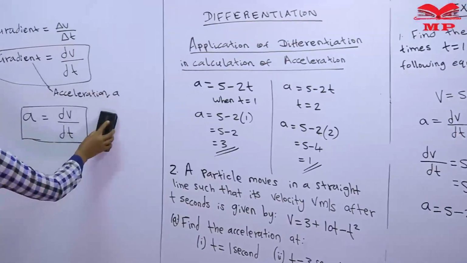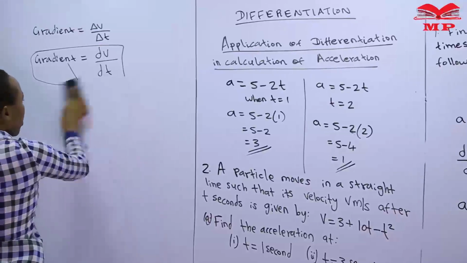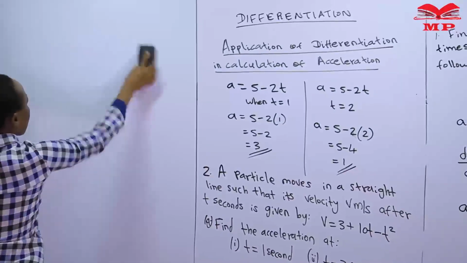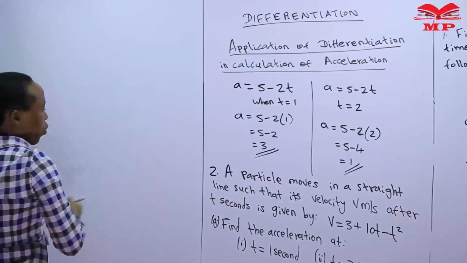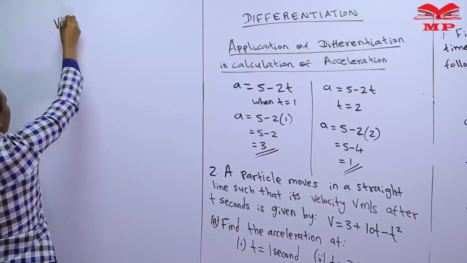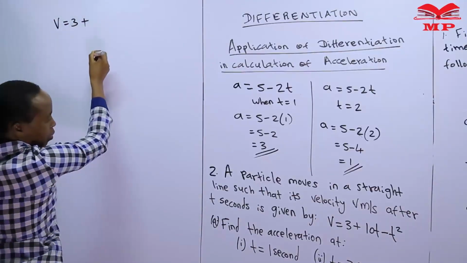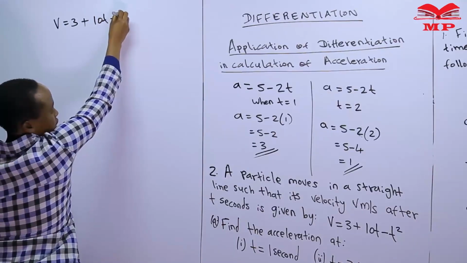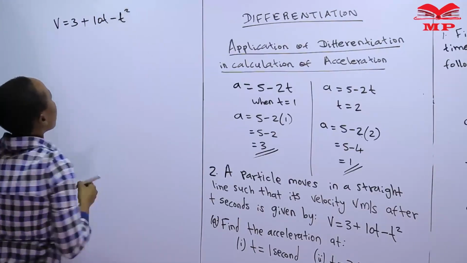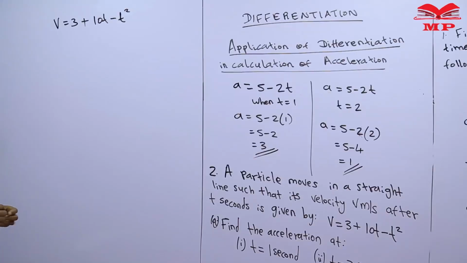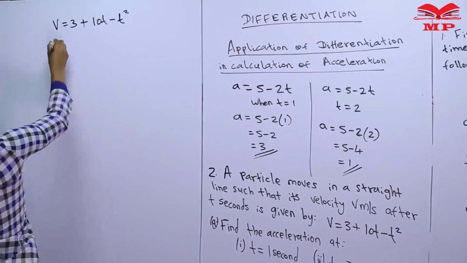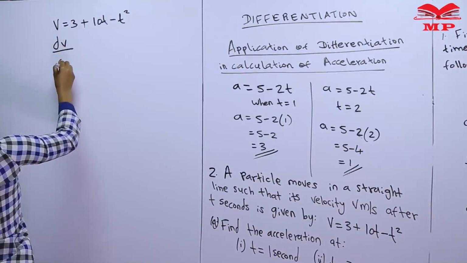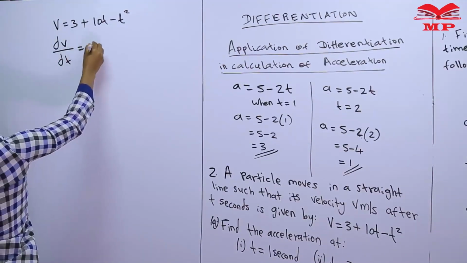So in this case again, we first need to write the equation that will give us the acceleration. We have the equation for velocity, v equal to 3 plus 10t minus t squared. To get the equation for acceleration, we need to differentiate this. We get dv over dt, which is equal to the acceleration.